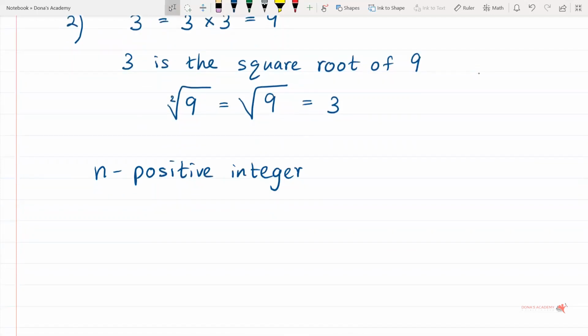Here we assume that n is a positive integer strictly bigger than 1. It can't be 1. We don't consider 1. We consider 2, 3, 4, and so on. And we take a real number, not necessarily positive.